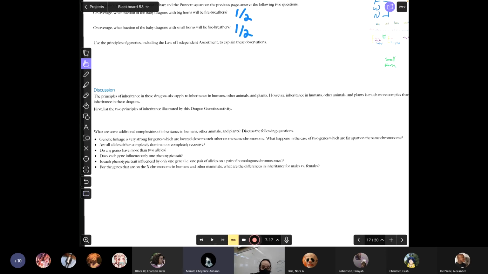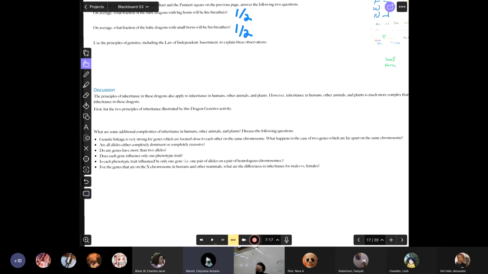What are some additional complexities of inheritance in humans, other animals, and plants? Discuss the following questions. Genetic linkage is very strong for genes which are located close to each other on the same chromosome. What happens in the case of two genes which are far apart on the same chromosome?